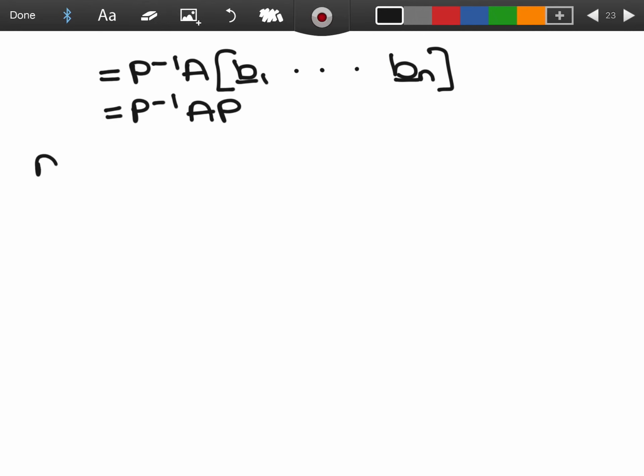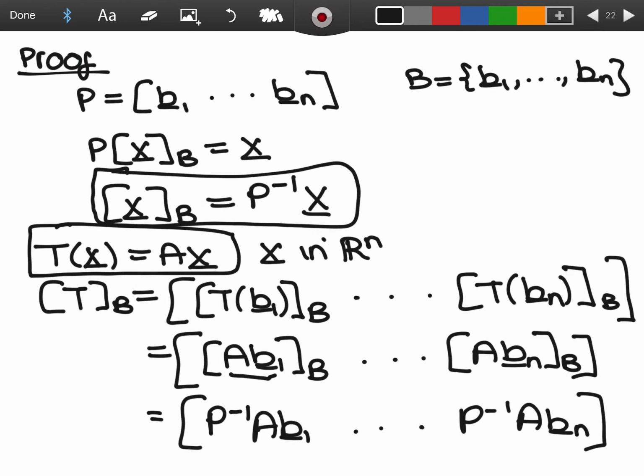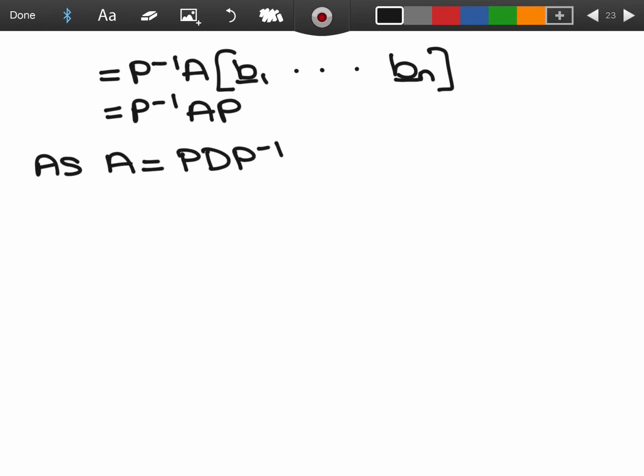But we said A is P D P inverse, by definition of how we set up A, P and D. We said that P was made up of the eigenvectors of A, and we're assuming that A is diagonalizable here. We are assuming that it's going to be similar to a diagonal matrix just because of how we set P up. It wouldn't necessarily have to be diagonal, as we'll talk about in a minute, but that's where we're heading with this.